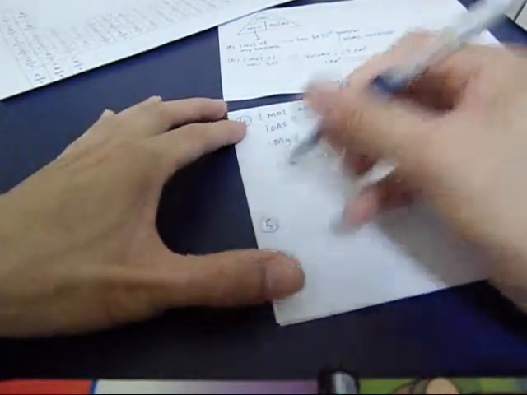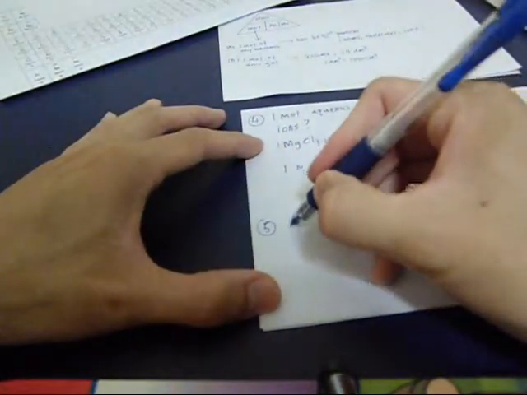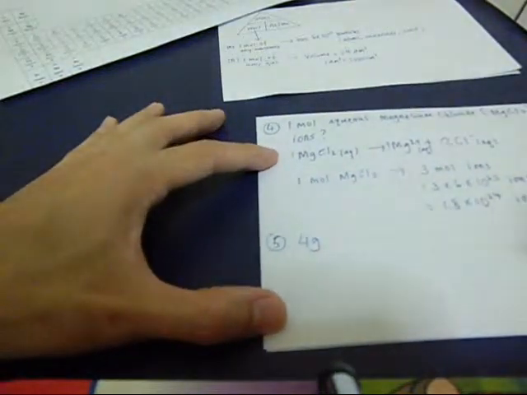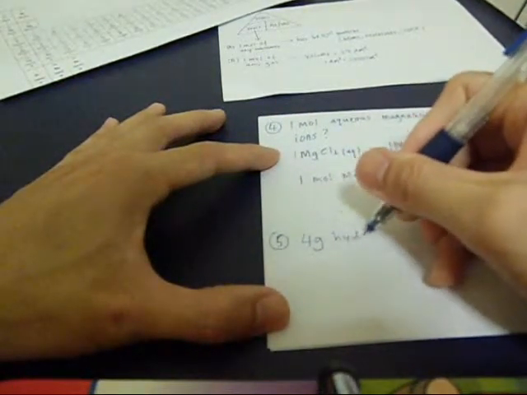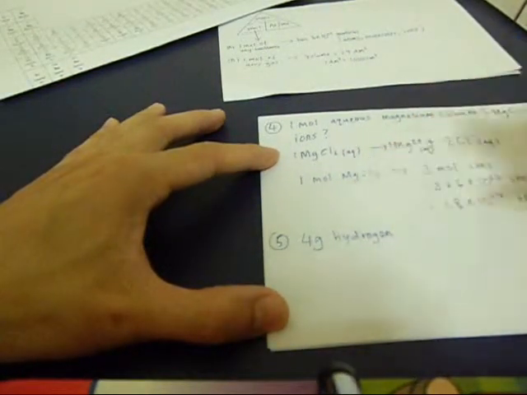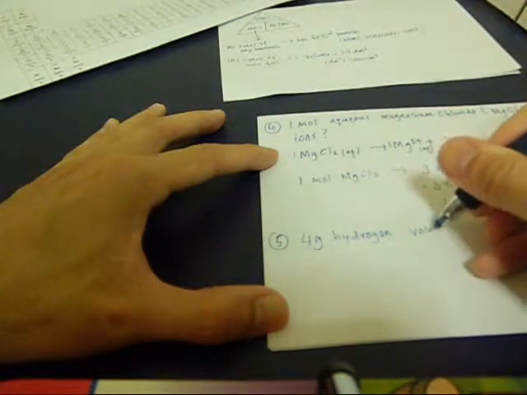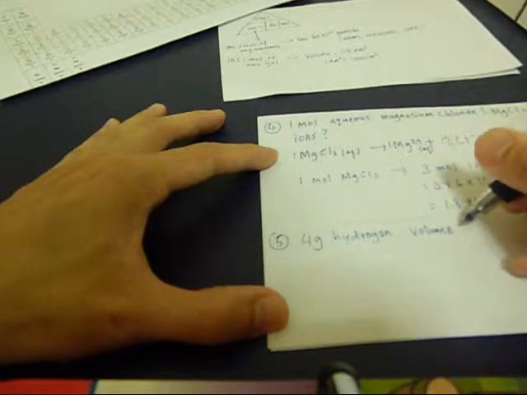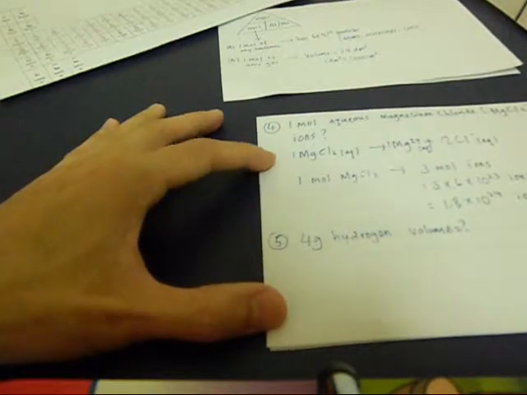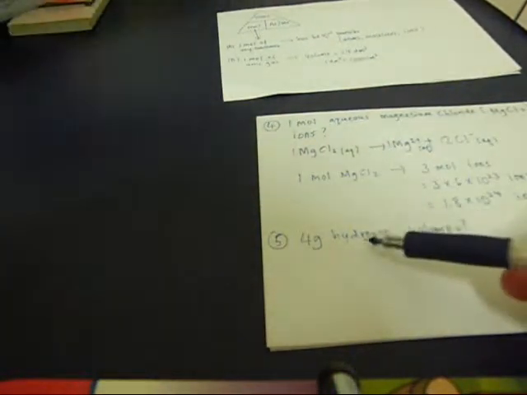Now let's look at the last example. You are given 4 grams of hydrogen, and you are asked to find the volume. So you are given a mass and you have to find the volume.